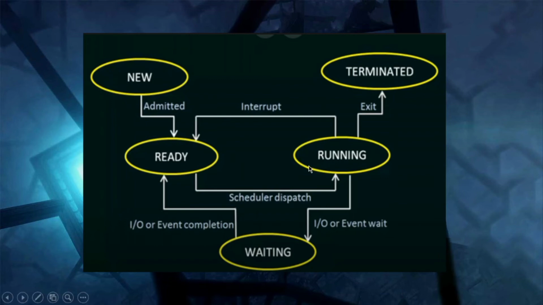After the data is ready, it runs here when the scheduler dispatches it. While this data is running, if it is successful, it goes here and is stored. The data waits until the user sends it, until it is ready, and until it is terminated or executed.